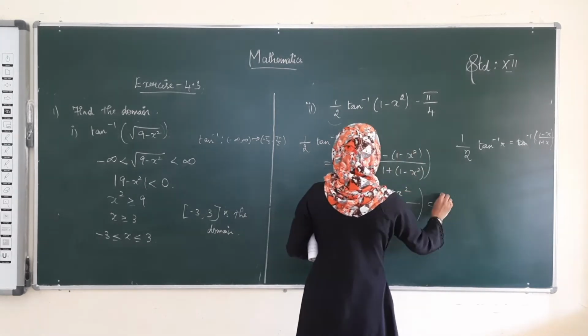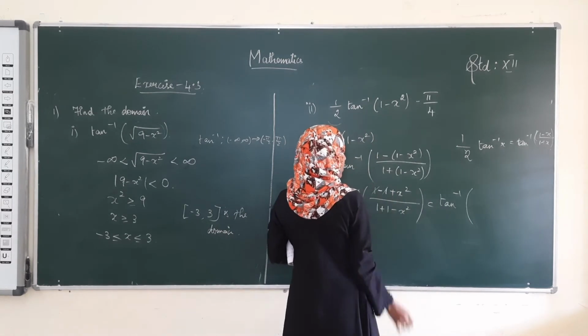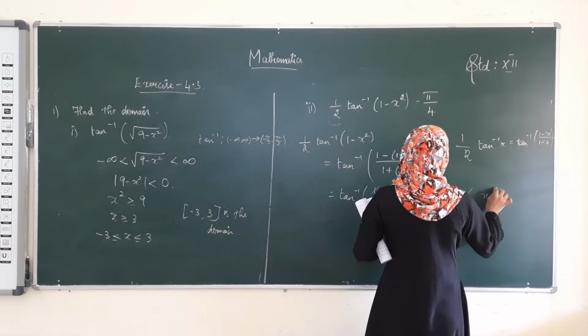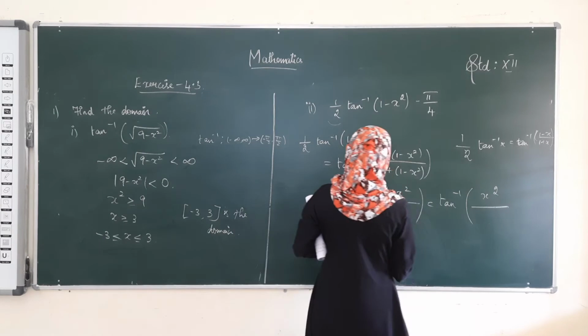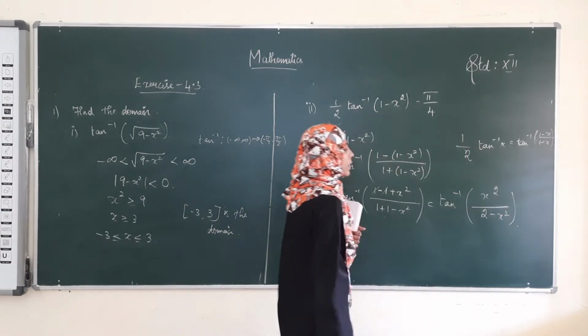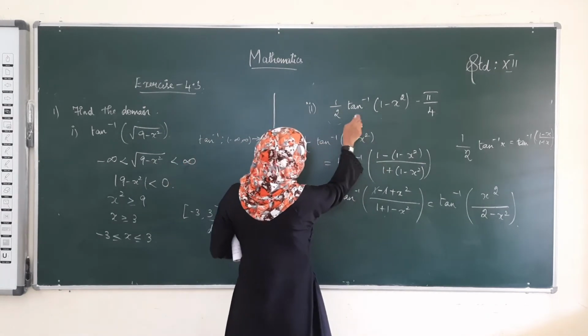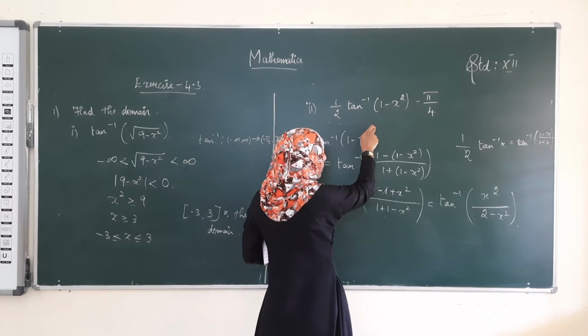So, the 1 and 1 get cancelled. In the numerator we have x squared, in the denominator we have 2 minus x squared. So we can write it as tan inverse of x squared divided by 2 minus x squared.